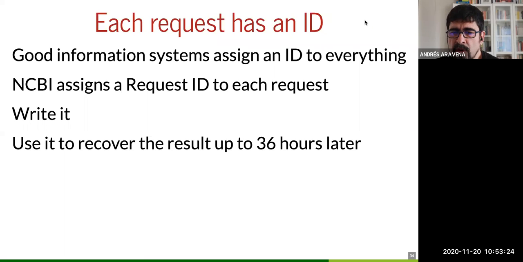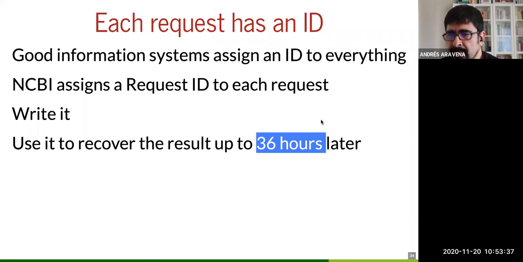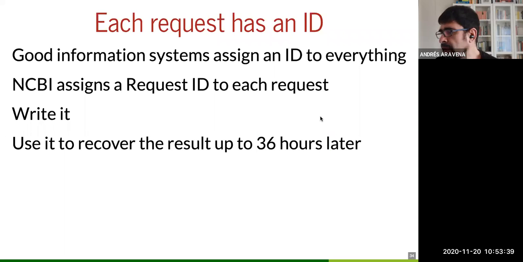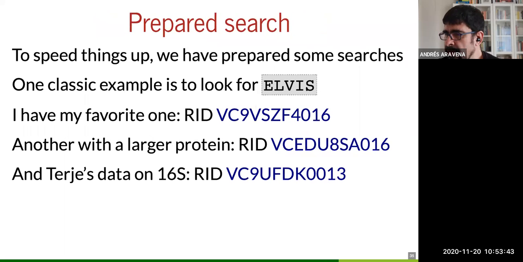So the same way when we search in BLAST, you will have an ID of the request. And the trick is that it's valid for about 1.5 days. So why is this useful? Because it means that I did the search yesterday and I saved it, and this is its ID.